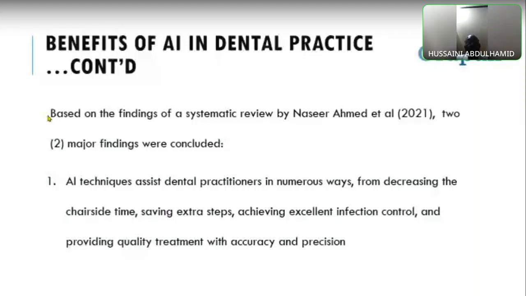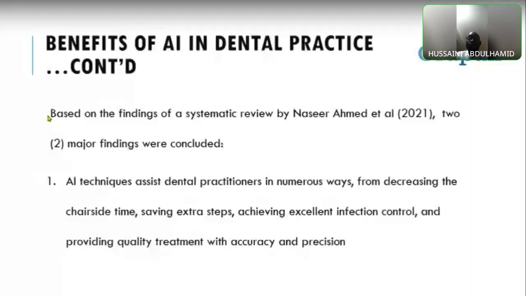We know of single visit root canal therapy treatment that we used to do. The reason for making the visit more than once, maybe twice or thrice, is because you will have to test and make sure that the infection in the canal is completely eliminated.